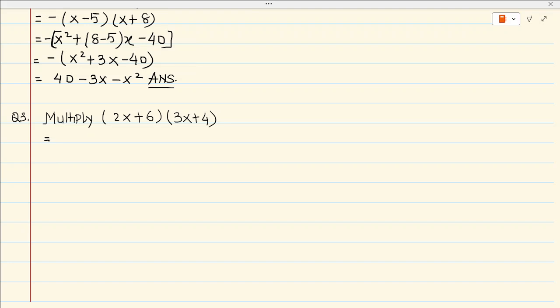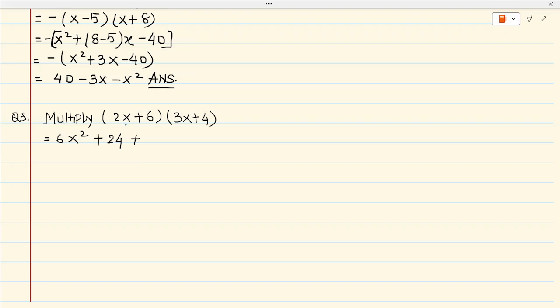Simply 2 threes are 6, so first of all, 6x square, plus the sum of the terms. See, first into first, last into last, 6 fours are 24, plus first into last.